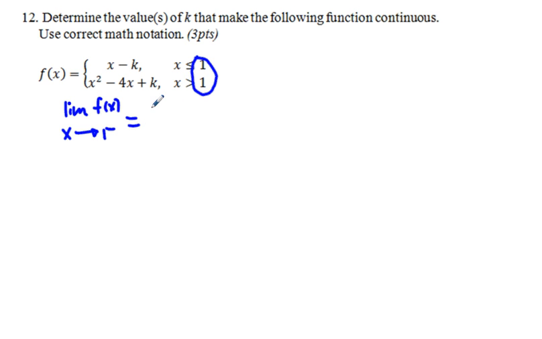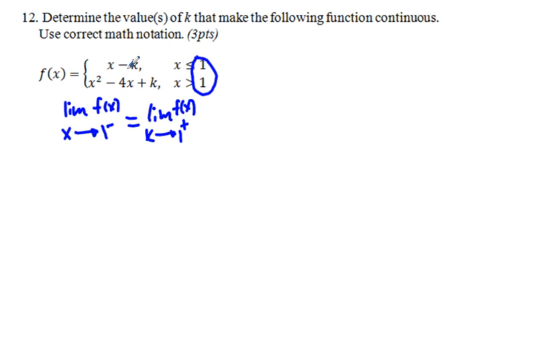equals limit as x approaches 1 from the right of f of x. That's a minus over here. It doesn't look too neat. Okay, that's 1 from the minus side. Okay.